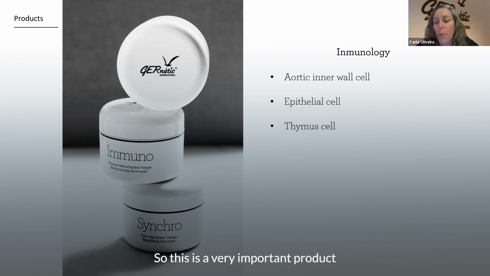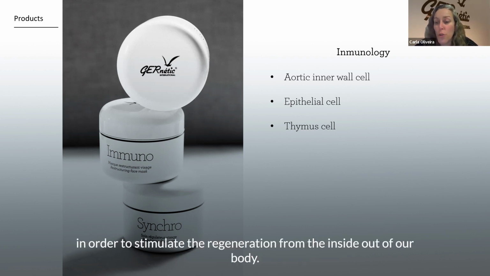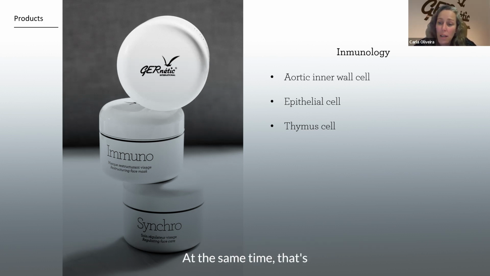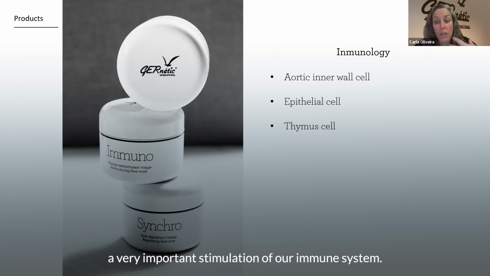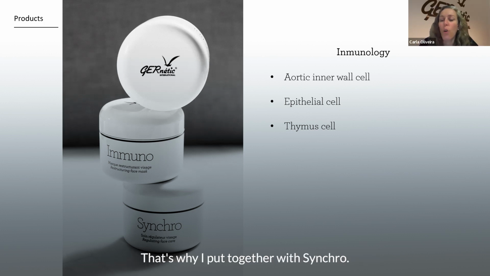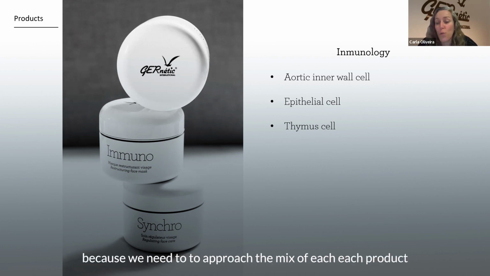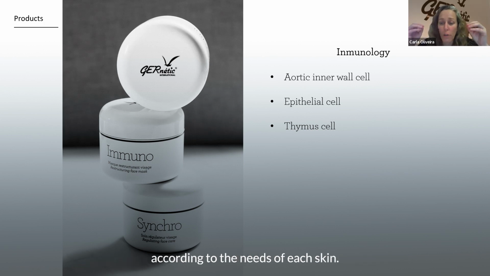So this is a very important product in order to stimulate the regeneration from the inside out of our body. At the same time, it is a very important stimulator of our immune system. That's why, put together with Synchro, we have a mix that I normally say is perfect for any kind of skin, because you need to approach the mix of each product according to the needs of each skin.